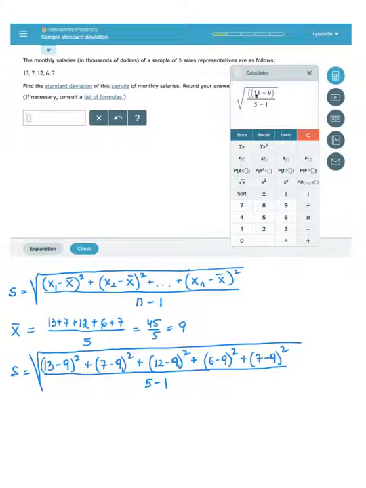So now I am opening another set of parentheses for the squaring, and 13 minus 9 all squared is my first little group, and then I continue typing in the rest of the differences and squaring them. It will take a while to type them in, but here you go. You can do that on your calculator as well.